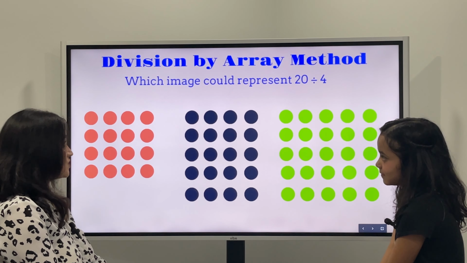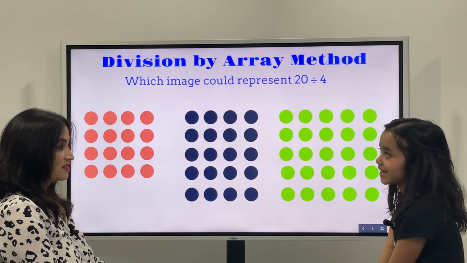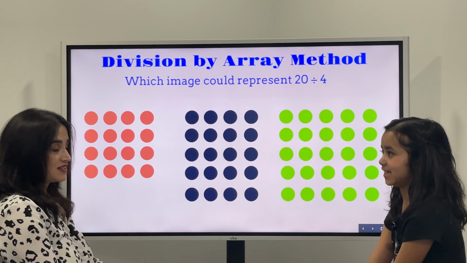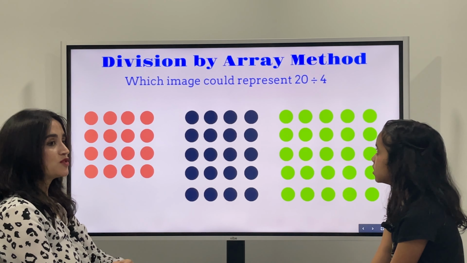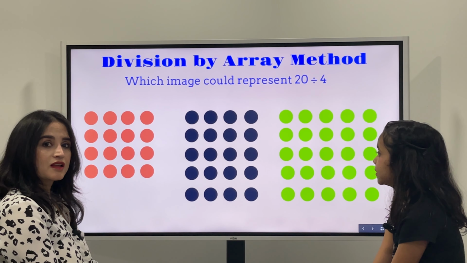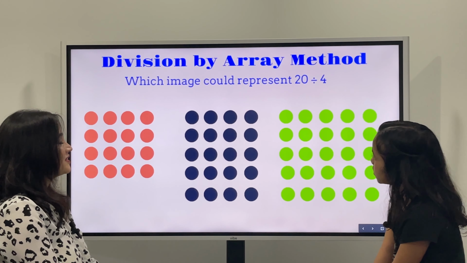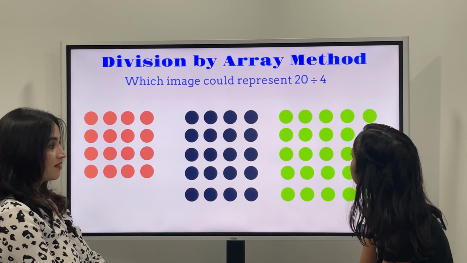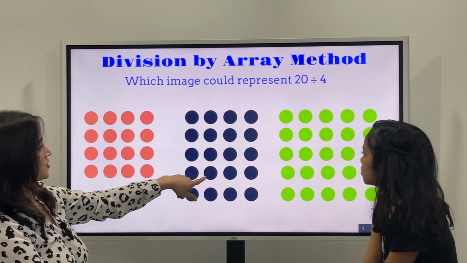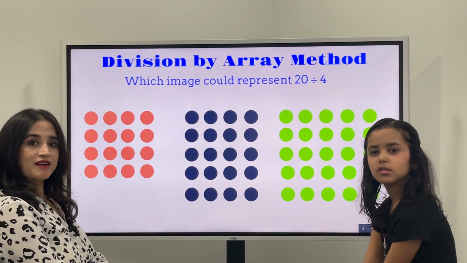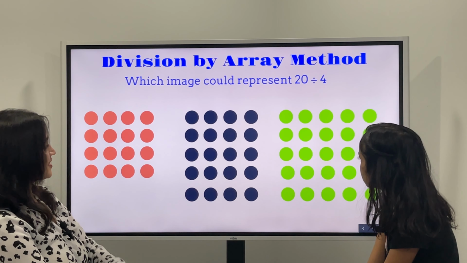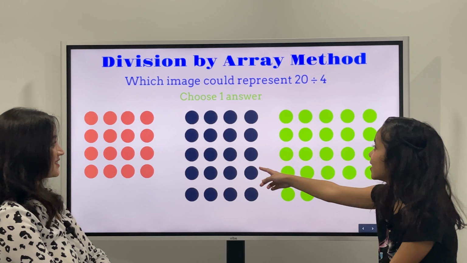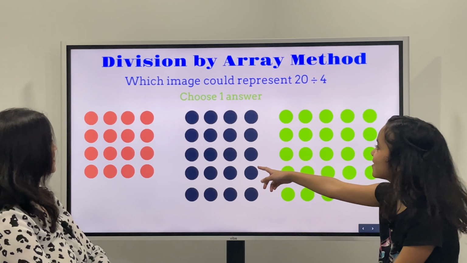And then the total number is supposed to be 20. So they are more than 20. Can you count? It's more than that. No, it's this one.